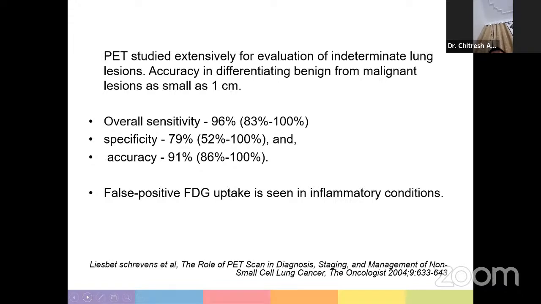So moving on, Dr. Chitresh. Yes, not just because of higher sensitivity and specificity. Me being a radiation oncologist, I can vouch for PET CT because, especially for early stage lung cancer, when we are planning SBRT, having a PET CT is very important.